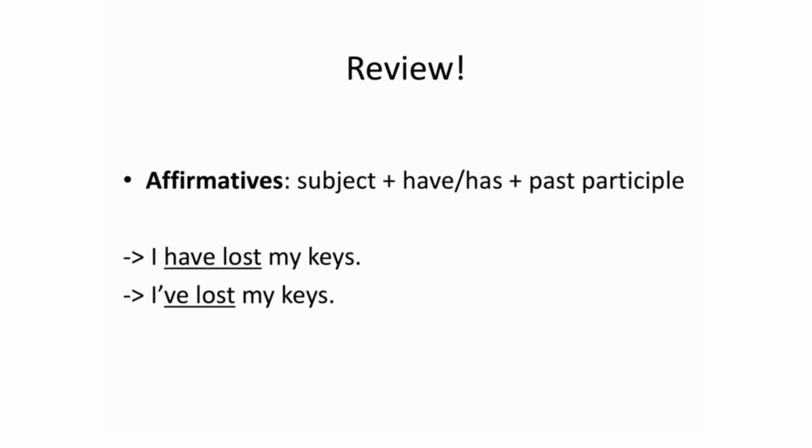To form the present perfect, we use the construction subject plus have or has plus the past participle. I have lost my keys, or in its contracted form, I've lost my keys.